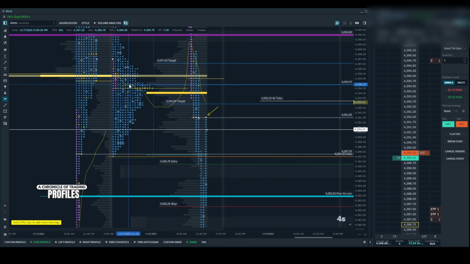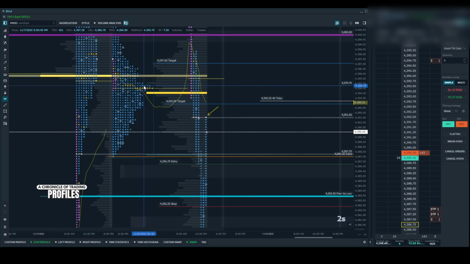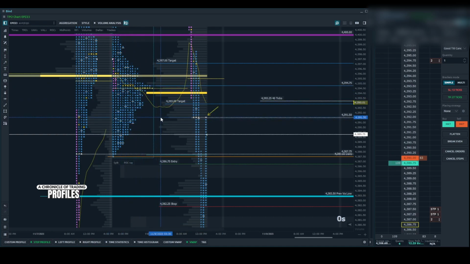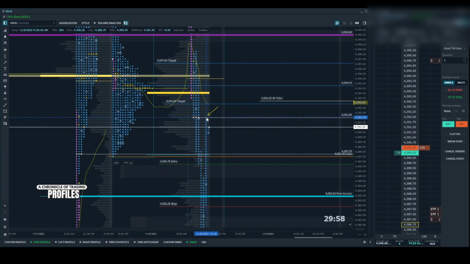Right now I have this order sitting at 475, watching to see if we can break this H high.